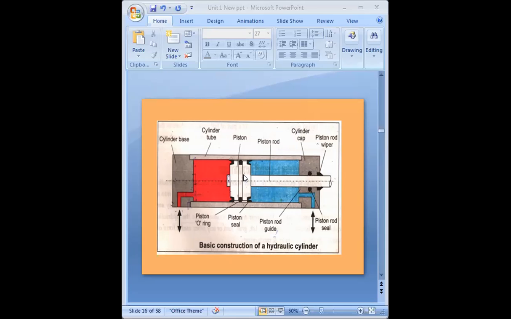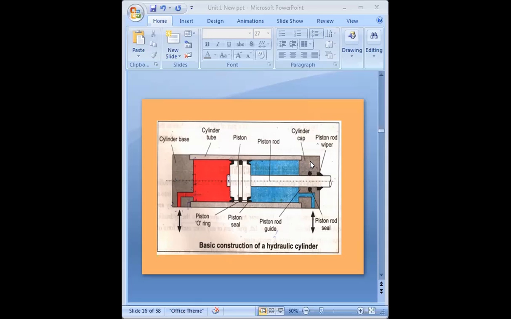Both sides of the cylinder are closed with the cylinder head and cap. You can see the cylinder head, that is the base, and this is the cylinder cap.